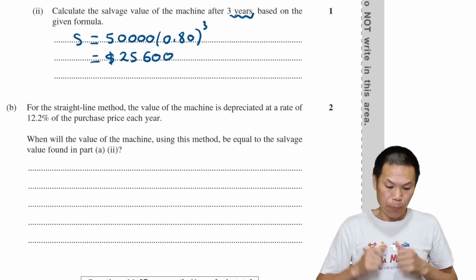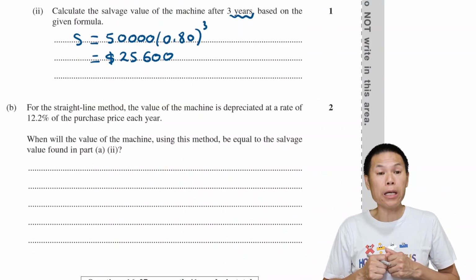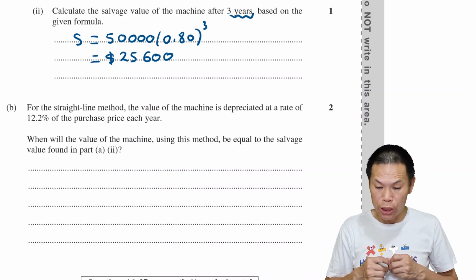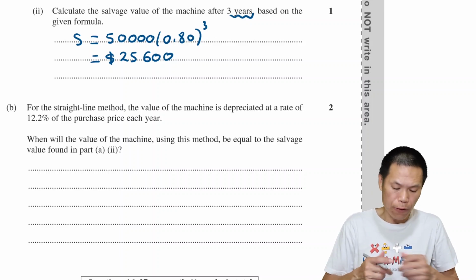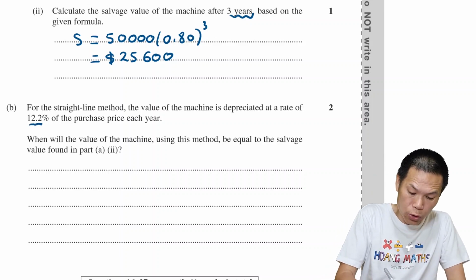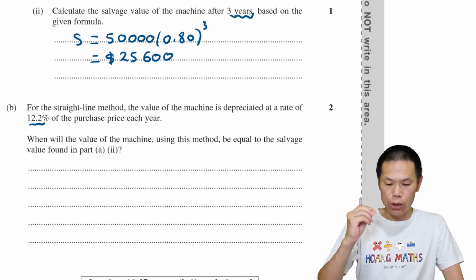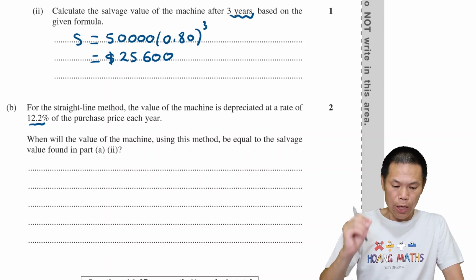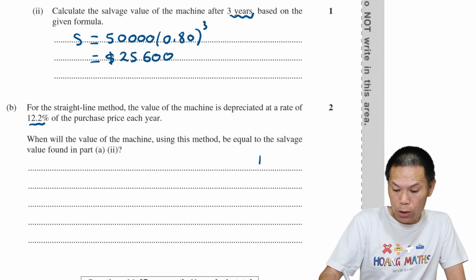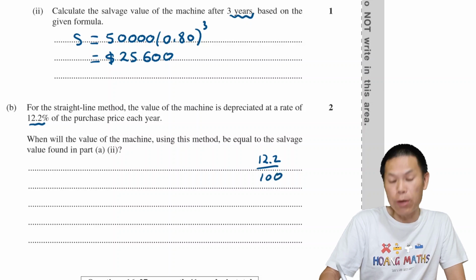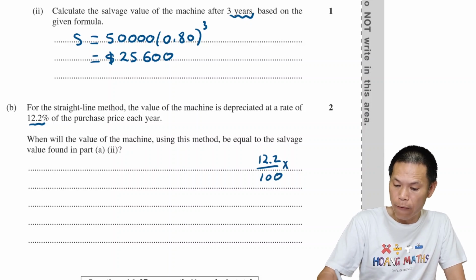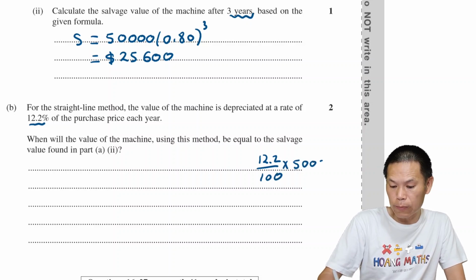Now part C. For a straight line method, the value of the machine is depreciated at the rate of 12.2% of the purchase price each year. So we know that every year it's reduced by 12.2% of the purchase price, that is $50,000.